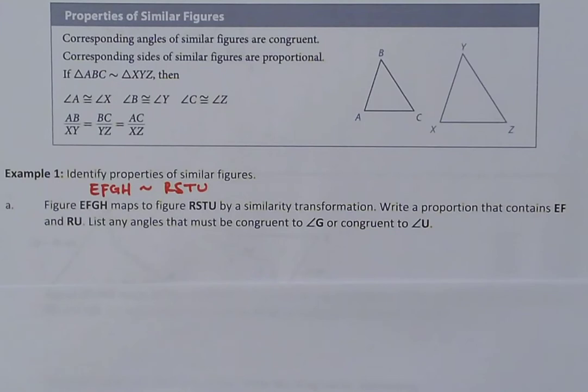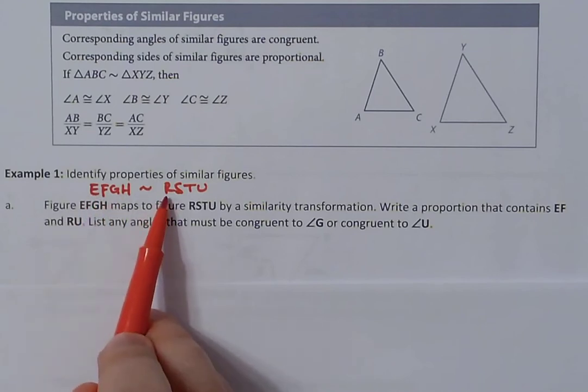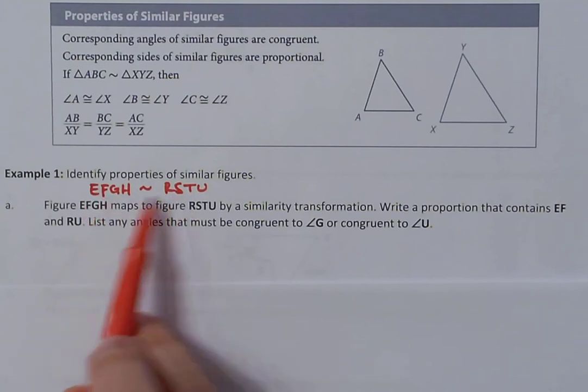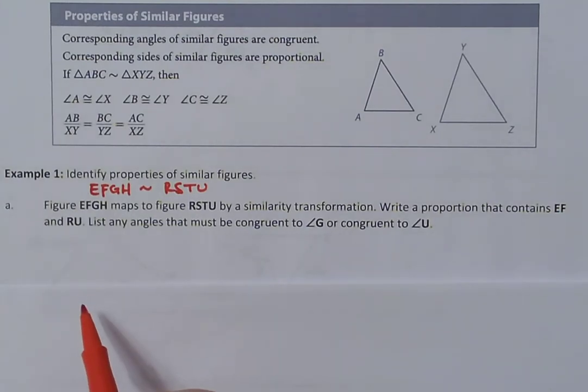Now, much like what we dealt with in congruent statements, where order mattered and where you could figure out that angle E is congruent to angle R, because of first letter, or first and second, and so on, that same concept applies to similar statements, that order does matter.